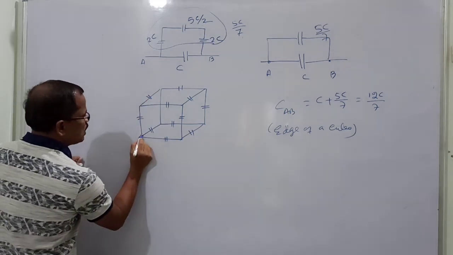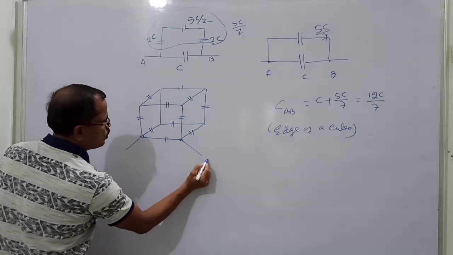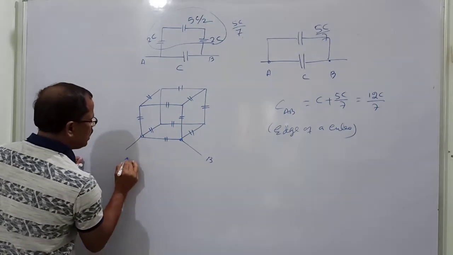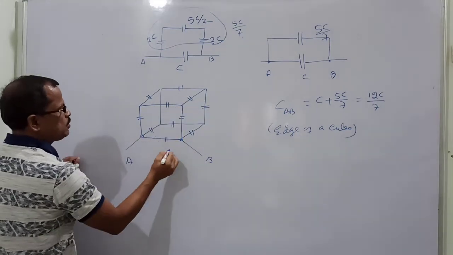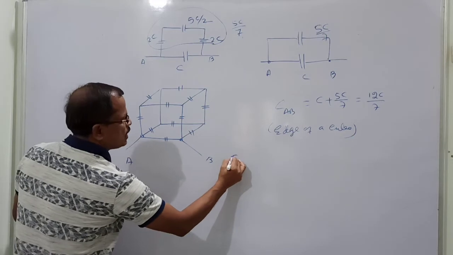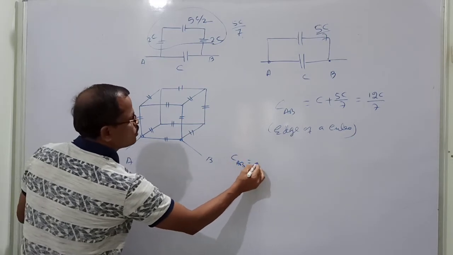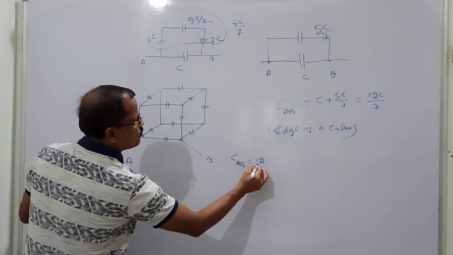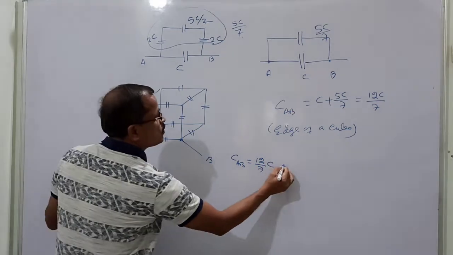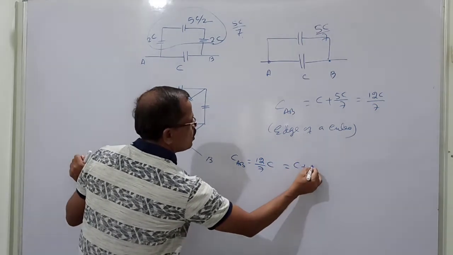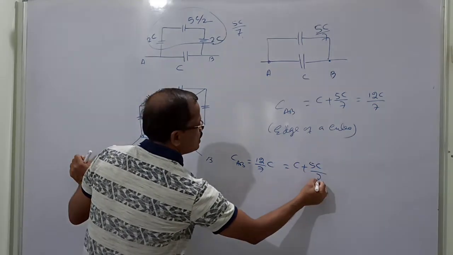So I told you what is the net capacitance between these 2 points. This is B point, this is your A point. Now all capacitors are C. Then I have obtained that net capacitance between the points is equal to 12 by 7C. How it is obtained? That is equal to C plus 5C by 7.